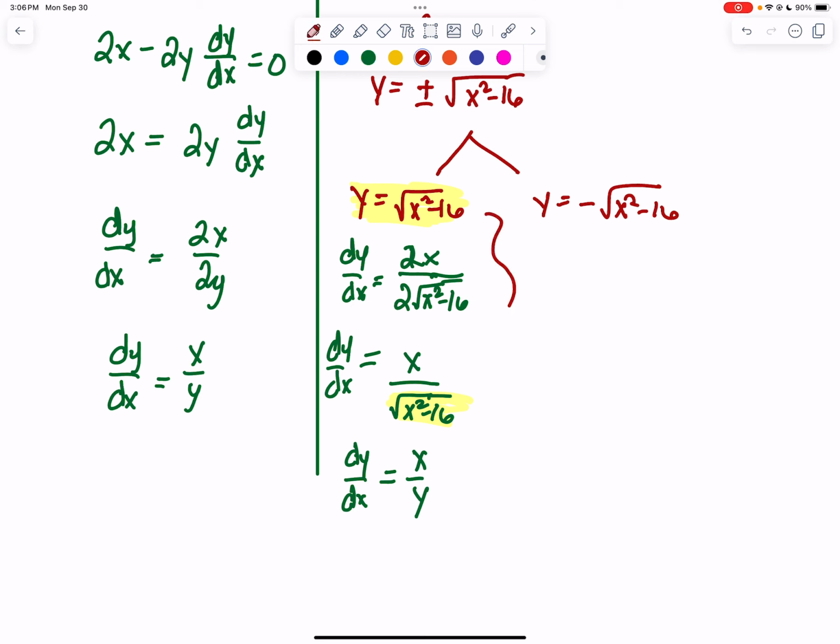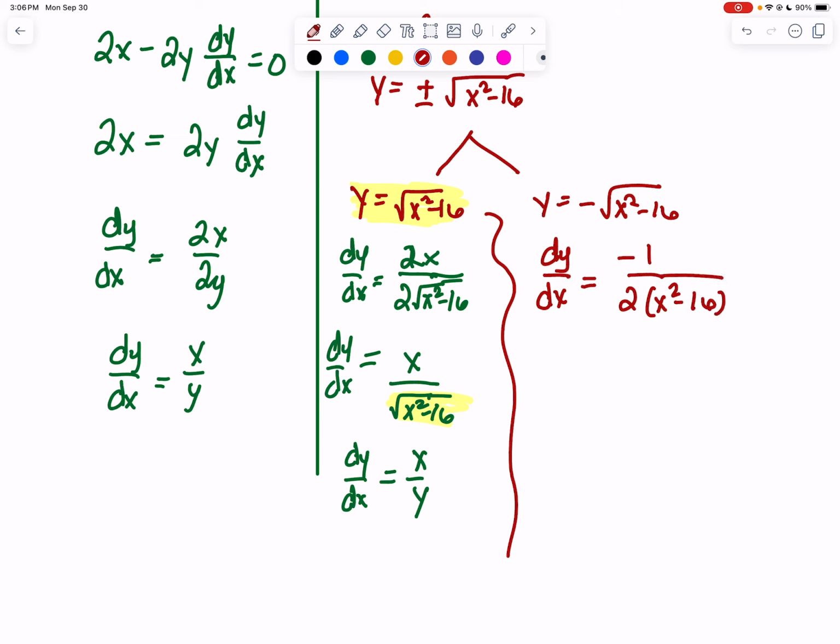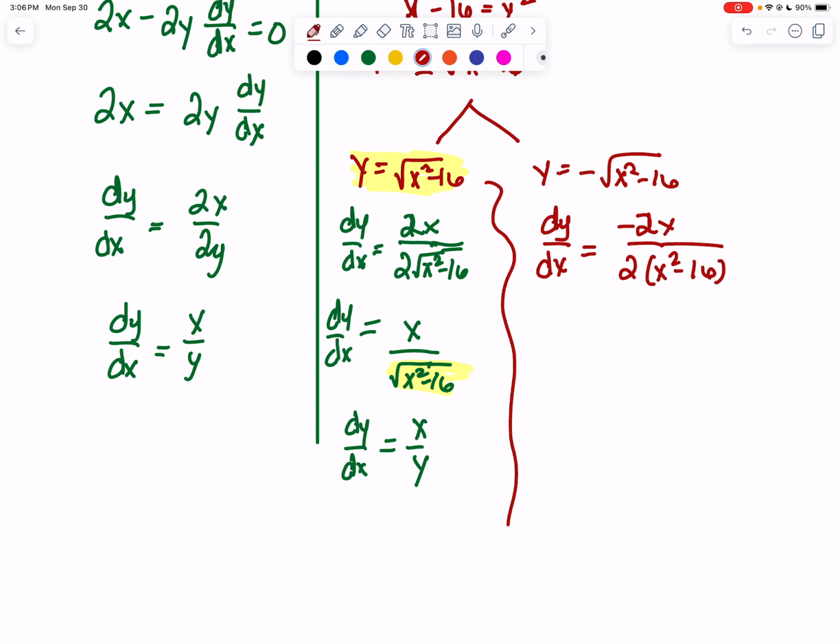I'm going to do the same thing for my negative counterpart, where I have dy/dx is equal to negative 1 half times 1 over the square root of x squared minus 16 times 2x. And then I have, let's see, dy/dx is equal to negative x over the square root of x squared minus 16.